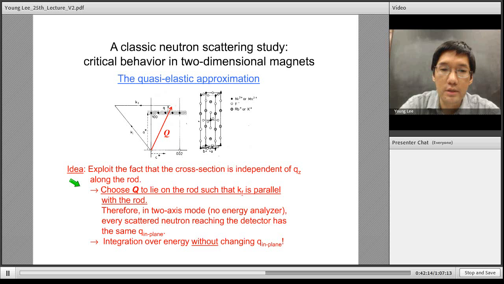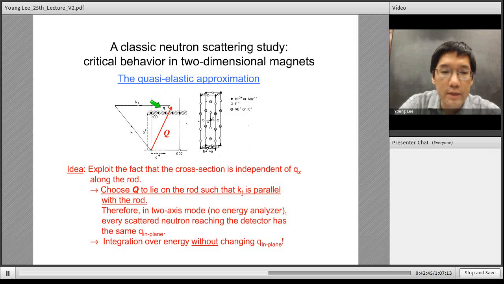and let's use that choice intelligently. If we choose Q to be someplace on the rod such that KF, the scattered neutron direction or wave vector, is parallel with the rod, and that's shown in this diagram up here, this red arrow is the Q vector, and let's choose it to be somewhere on this shaded rod as shown here.